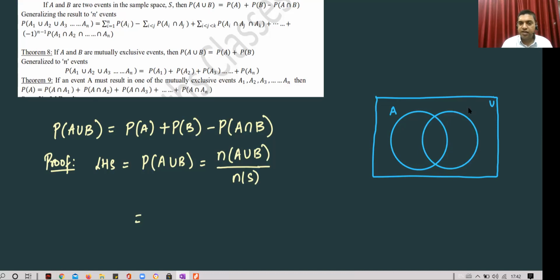This is set A, this is set B. Now A union B refers to this entire region.